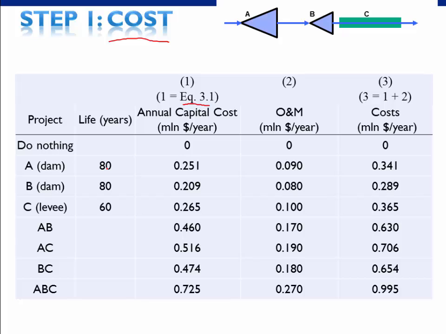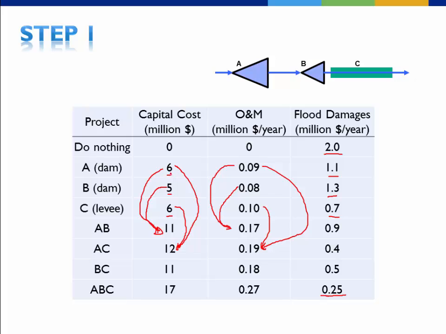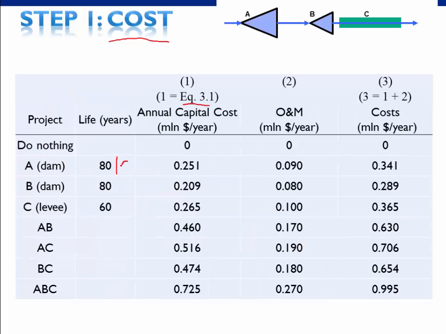What that means is that for option A, for dam A, basically we know that this dam costs 6 million. It has a 4% interest rate. And as we were saying, the life in years is 80.